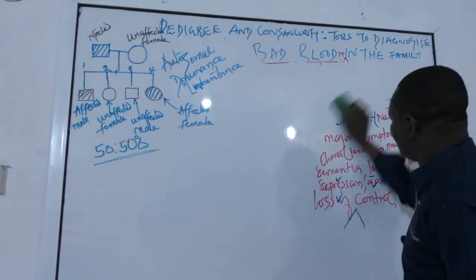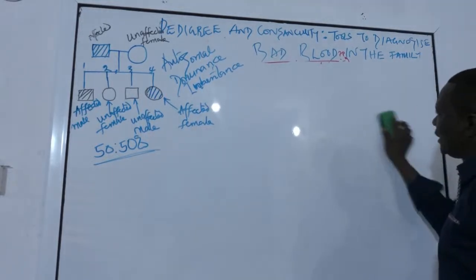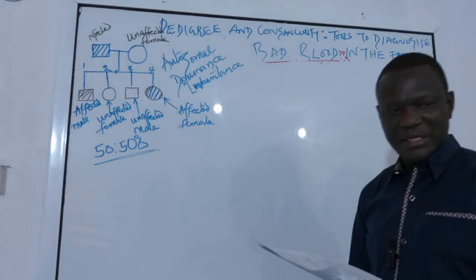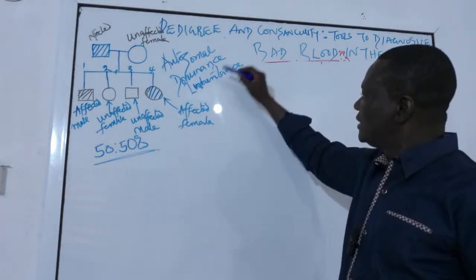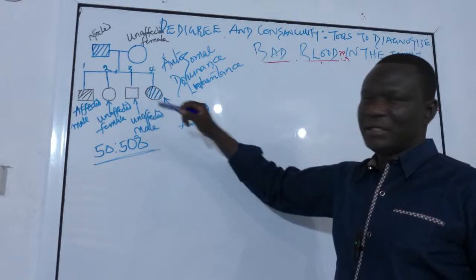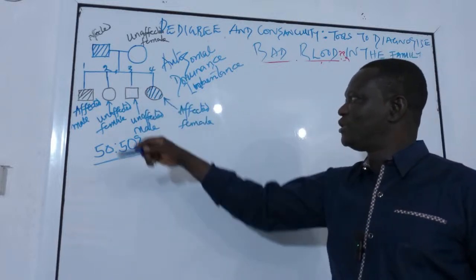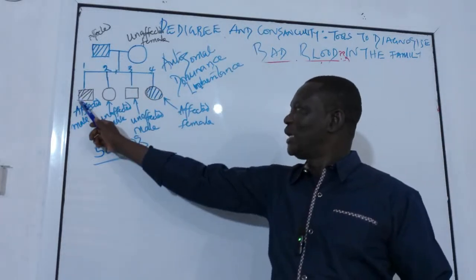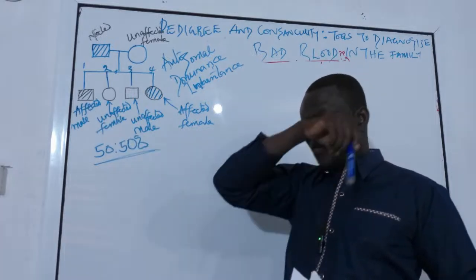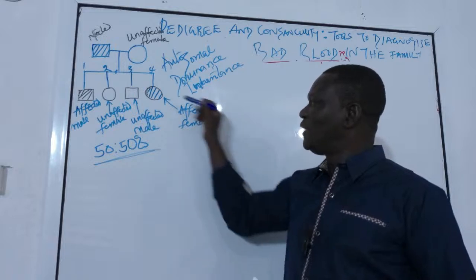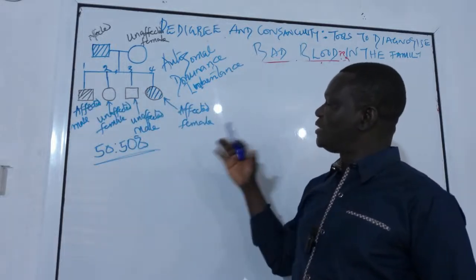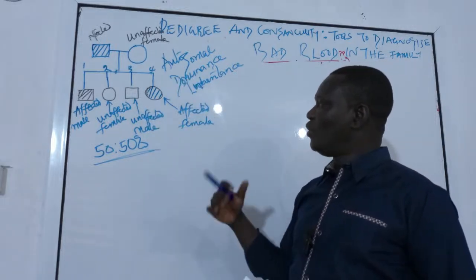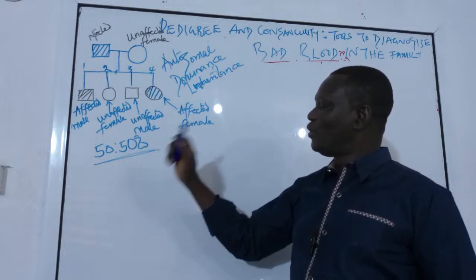If anybody has an autosomal dominant inheritance and you look at their children and siblings, you will discover that the way the father looks is the same way one of their sons or siblings looks. Irrespective of the sexes, whether male or female, they just have a 50% chance of passing it on.